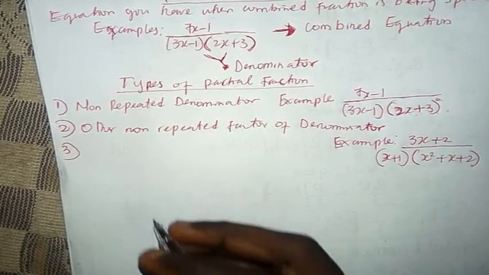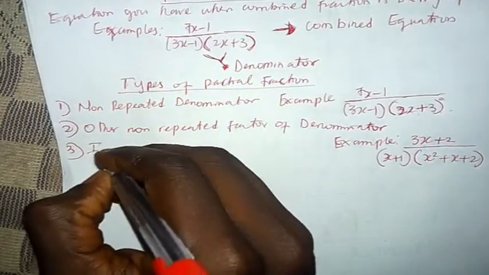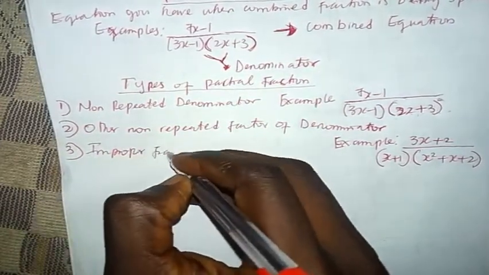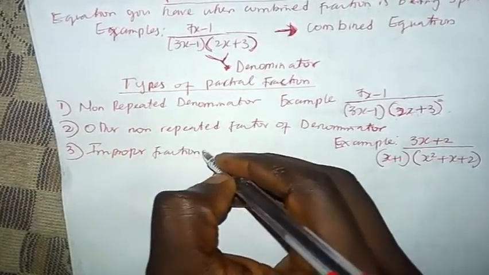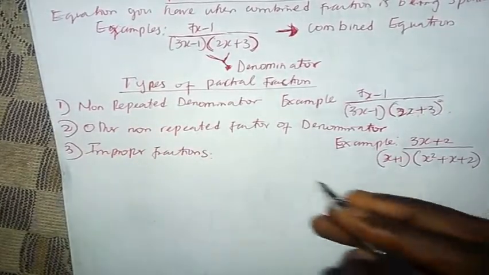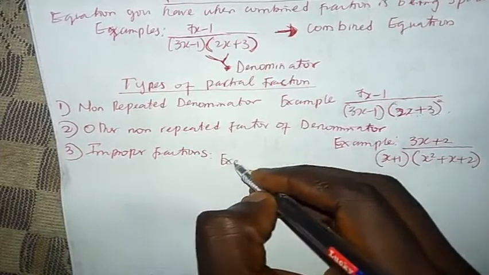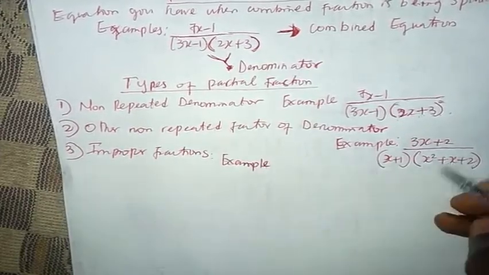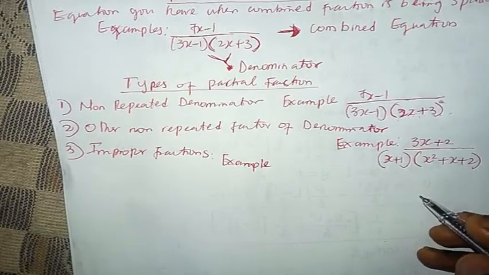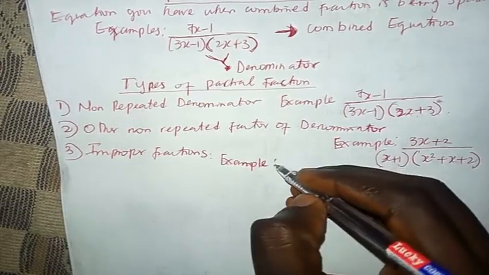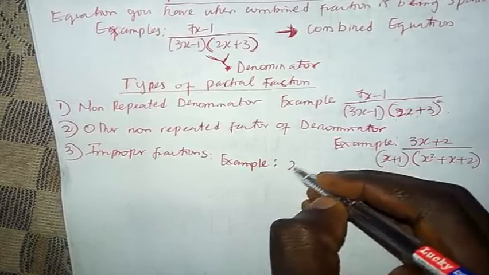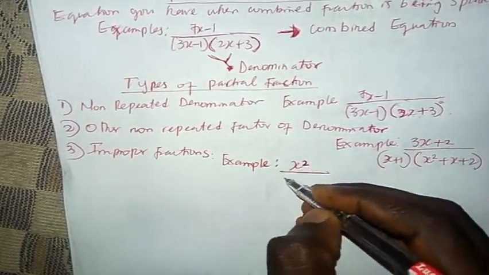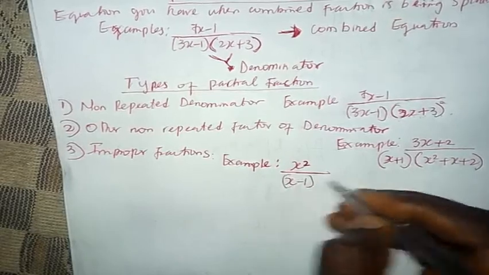An improper fraction is when the power of the numerator is more than or equal to the power of the denominator, something like this.